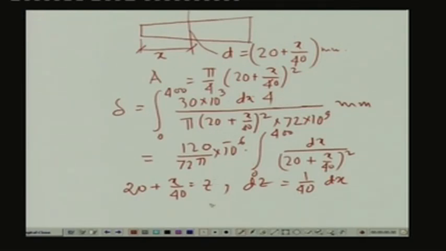So, this integral gets transformed to the integral from 20 to 30 of 40 times dz divided by z squared. So, this is nothing but minus 1 by z, from 20 to 30.